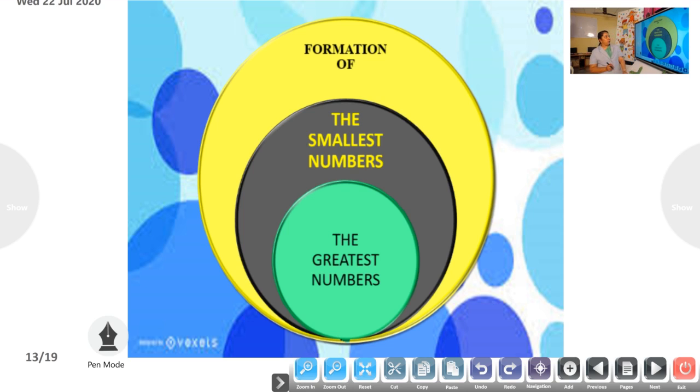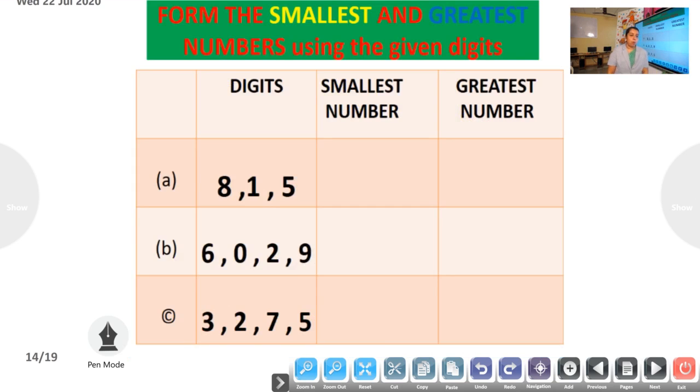Now we are going to learn the formation of the smallest and the greatest number. Formation of the smallest and the greatest number. So digits are given here. You have to use these digits and make the smallest and the greatest number.